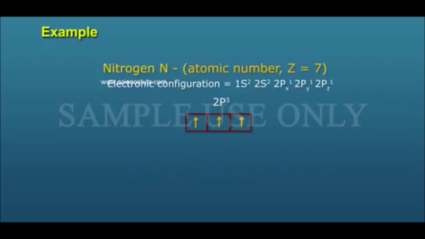Nitrogen, N, atomic number Z is equal to 7. Electronic configuration is 1s2, 2s2, 2px1, 2py1, 2pz1. The 7th electron enters the 2pz orbital.